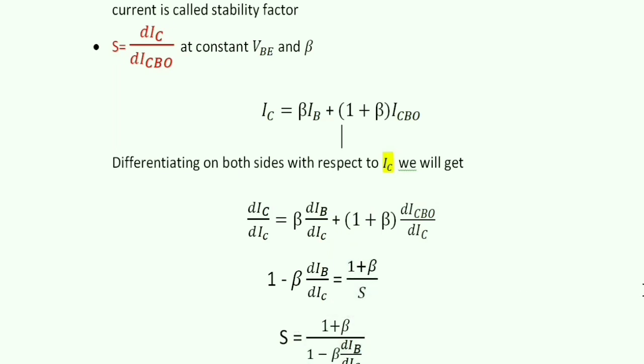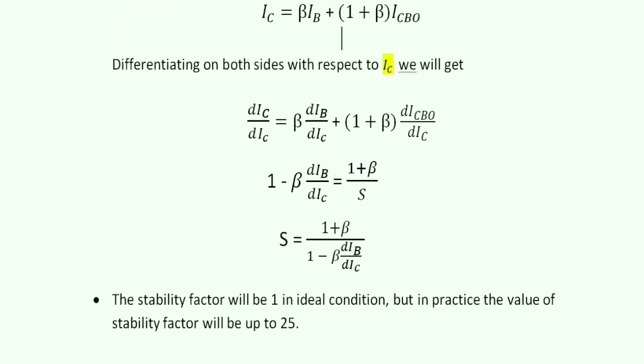That is the stability factor. Now if we transfer this S to this side and the whole expression to the other side, we will get S is equal to (1 plus beta) by (1 minus beta into dIB by dIC). This is the actual equation of the stability factor.